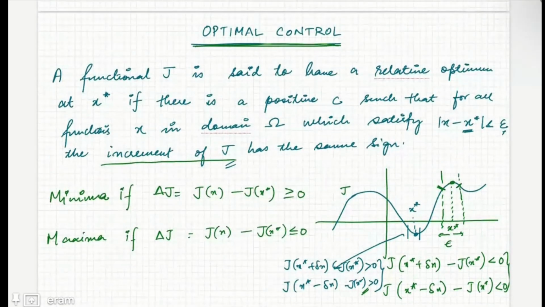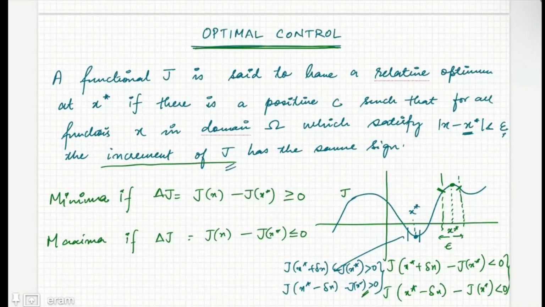Now this is the condition for a point x star to be a relative optimum for the functional j.